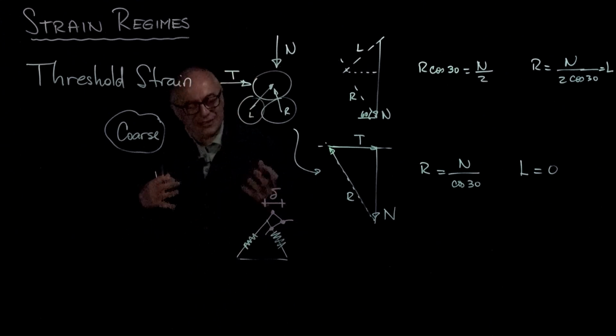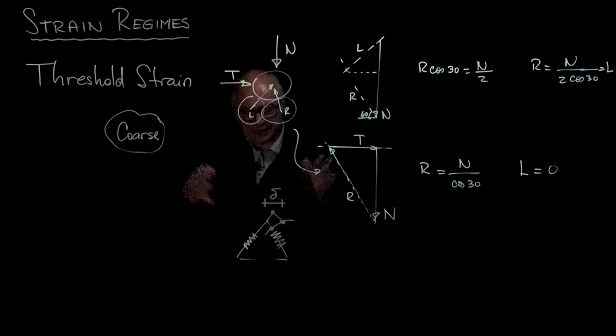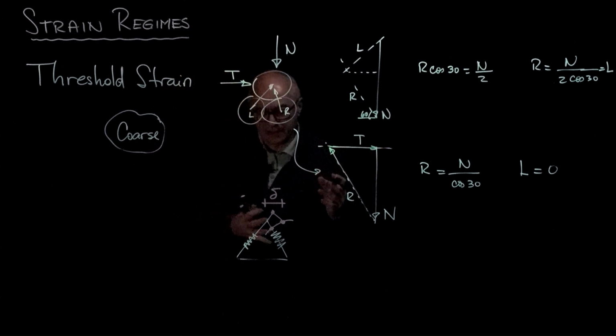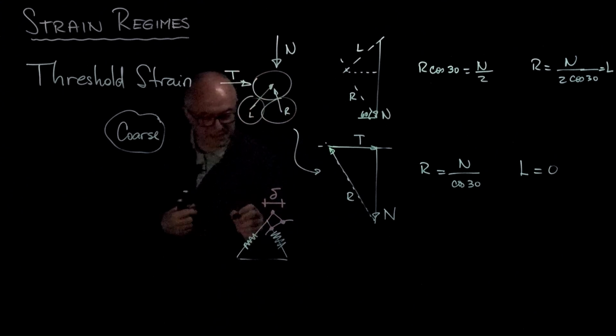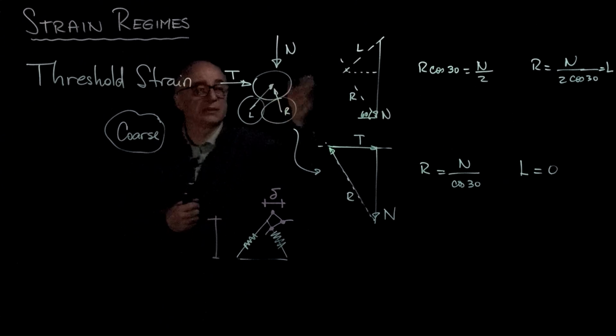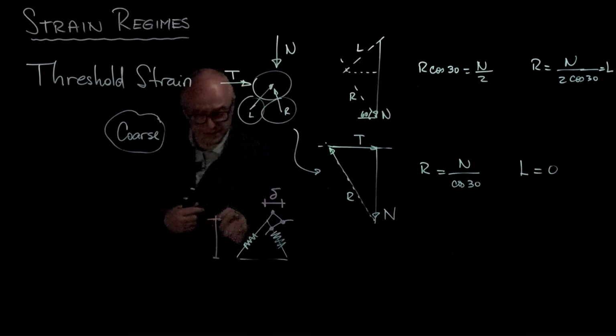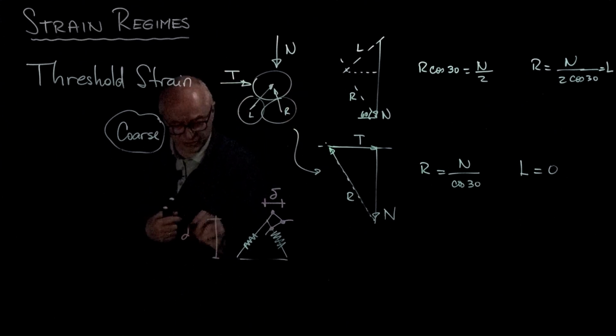And now, in order to go from the particle scale to the macro scale in a very simplistic way, we can divide that displacement by the center to center distance, which happens to be the particle diameter times cosine 30.